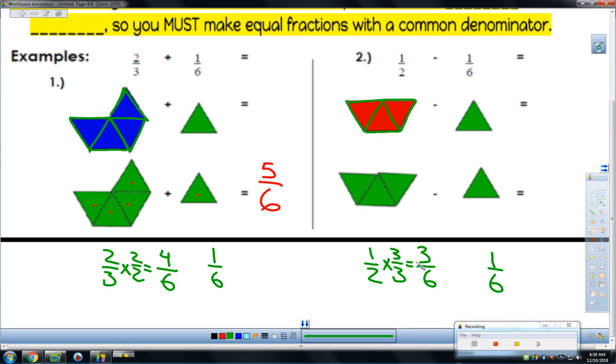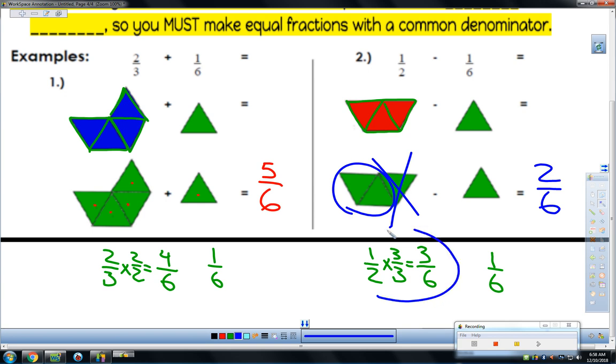I trade in a half, I get 3/6. Now I can physically use this 1/6 and take one of those away. I'm taking 1/6 away from my 3/6, and so what I'm left with is 2/6. I have these two pieces left over.